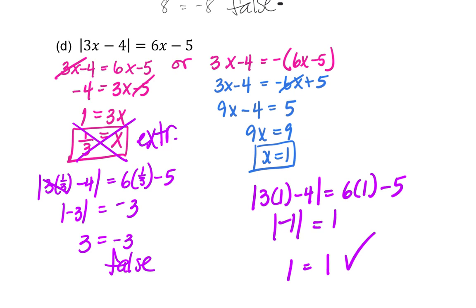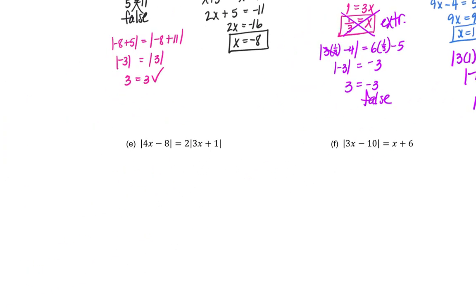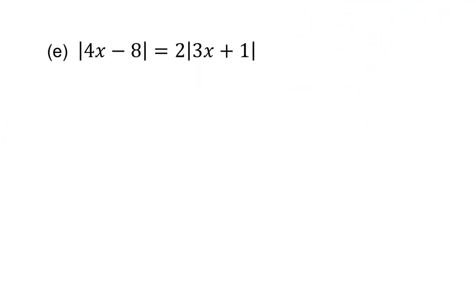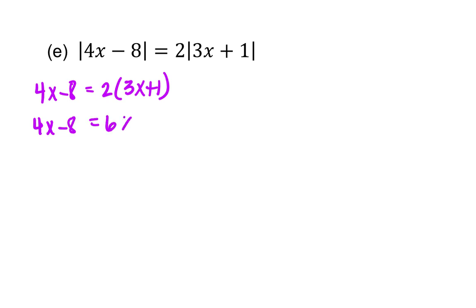All right. I am going to pick up at E here. All right, so if I rewrite this, I've got 4x minus 8 equals 2 times 3x plus 1. 4x minus 8 equals 6x plus 2. If I subtract 4x, I get 2x. If I subtract 2, I get negative 10. Divide by 2, x is negative 5.